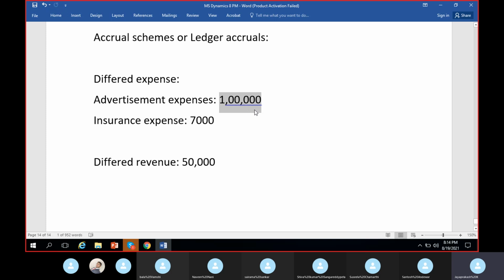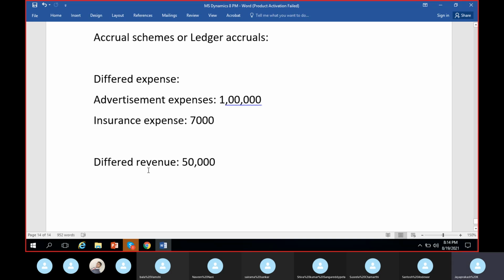So this 1 lakh will be divided into 12 parts, and each month we will recognize one part out of those 12 parts as a completed expense, or the obligation is met, right? I mean the service is over for that 1 month. So that partial amount is a complete expense. The remaining are accrued expenses. Still you can receive them back if the service being provided is not satisfactory, if you revoke the contract.